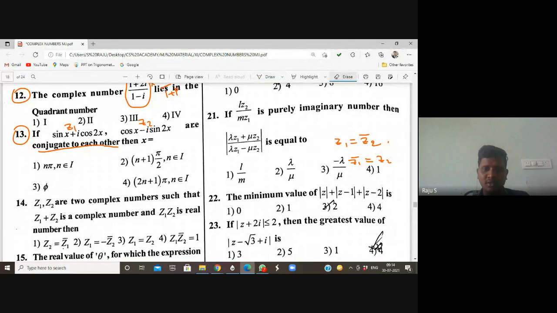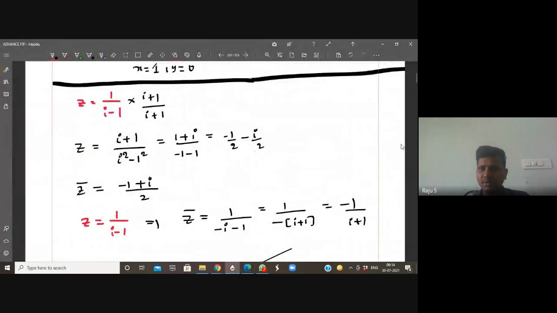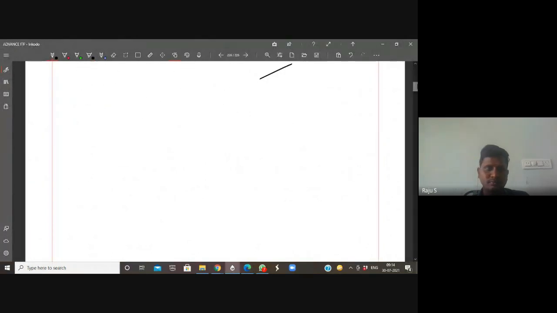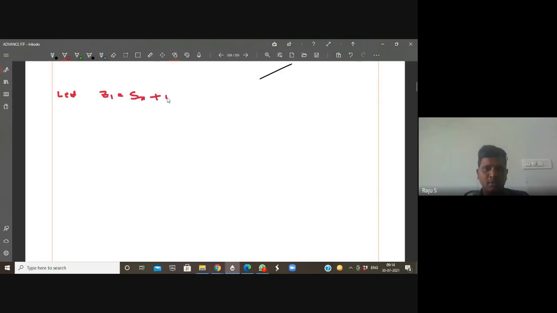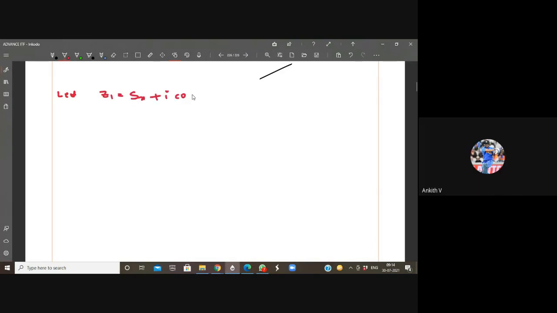That is the meaning. So first tell me what are the given complex numbers here. Sin x plus iota cos 2x. Then the second number, cos x minus iota sin 2x, I am taking as Z2.